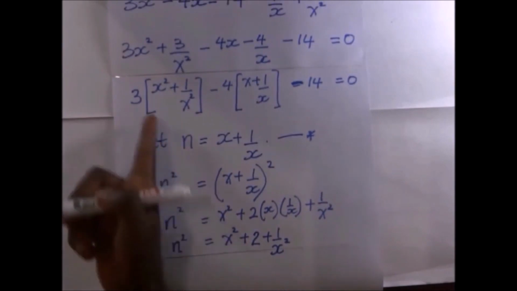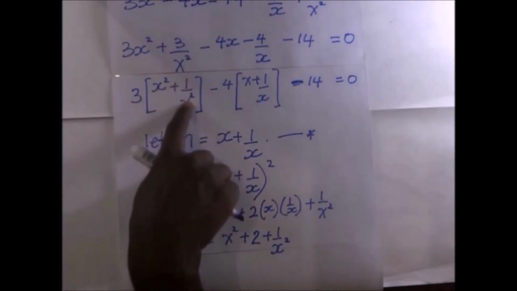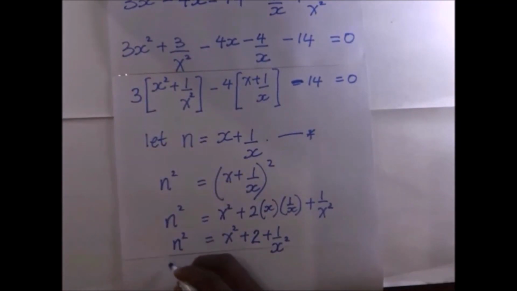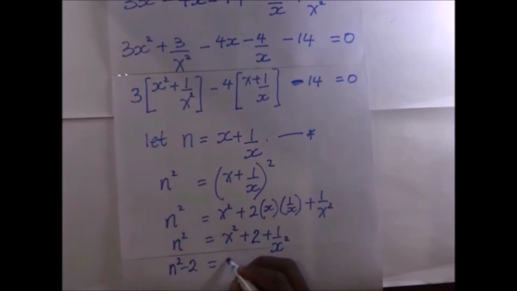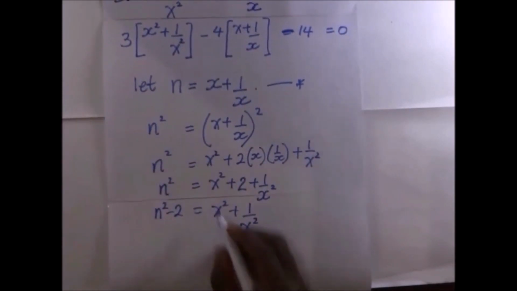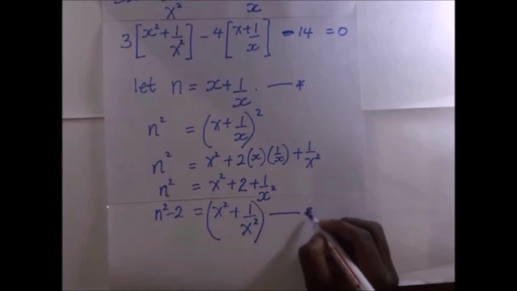For us to put this only on this side, the 2 comes to that side. So it becomes n squared minus 2 giving us x squared plus 1 over x squared. So meaning that we have that expression as well.